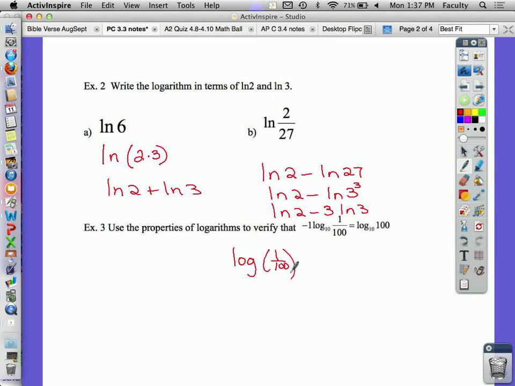Good. And did you guys remember that if you have log base 10, you don't have to write the base 10? And then what do you know about 1 over 100 to the negative 1 power? It flips. So right here I can stop because they're the same, or you could say 2 equals 2.